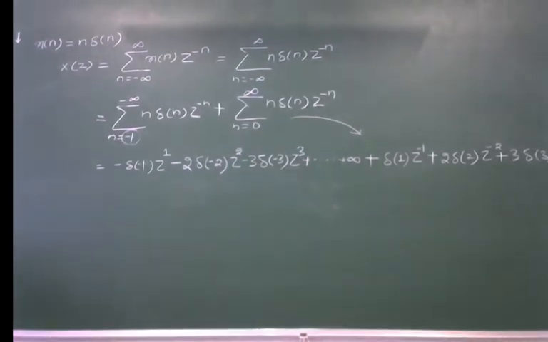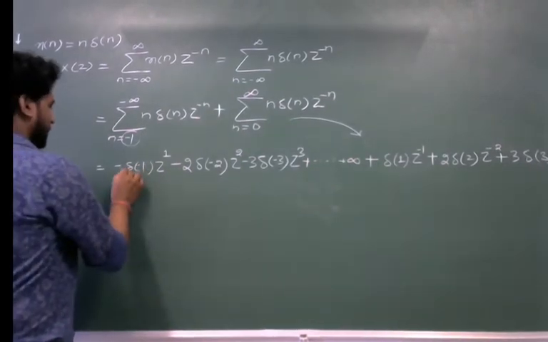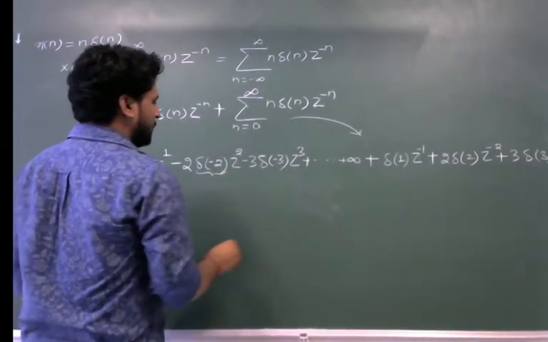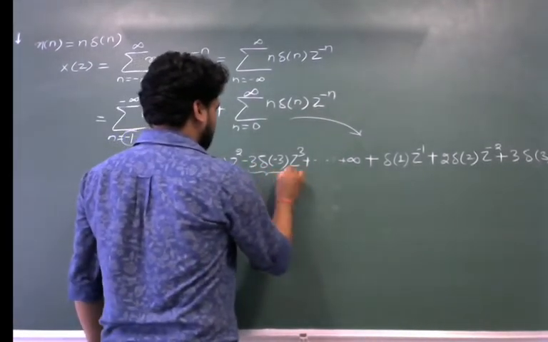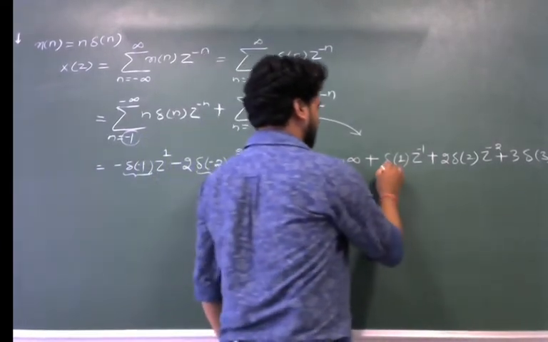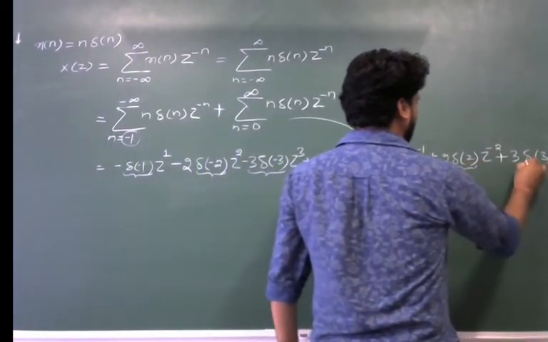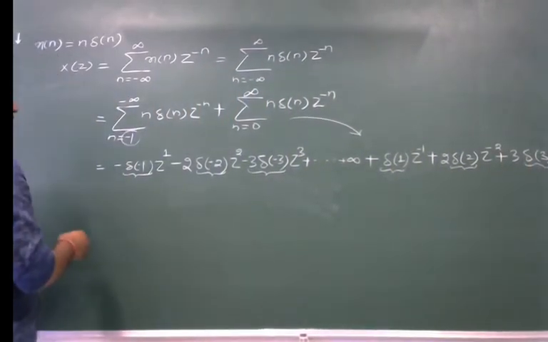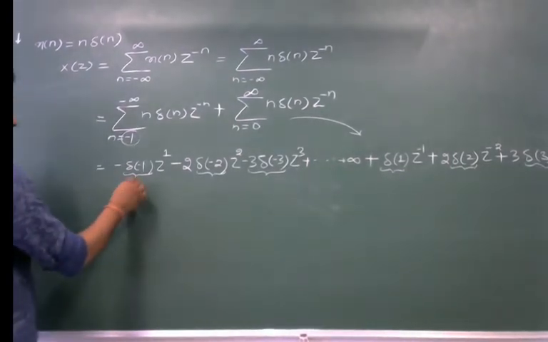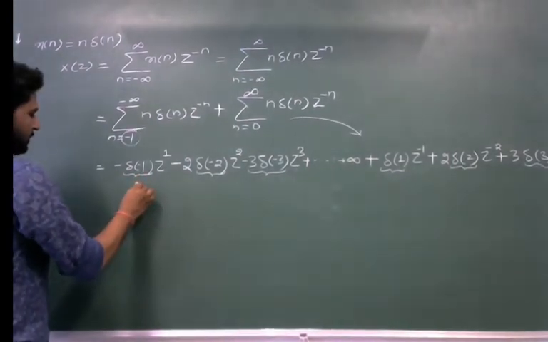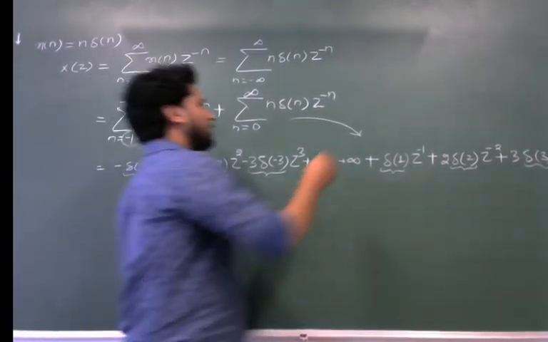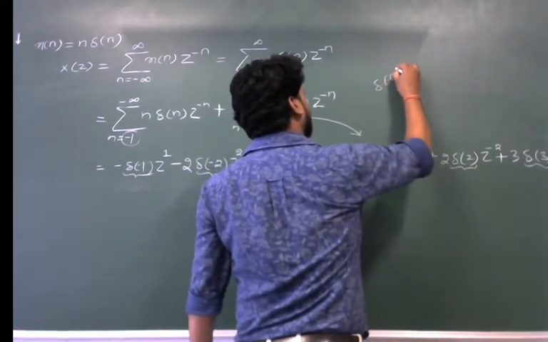Now here this is delta of minus 1, this is delta of minus 2. Similarly, this is delta of minus 3 and z cube. Here it is delta of 1, delta of 2 and delta of 3. All these values will simply become 0, because the delta function will give a value only at n equal to 0.